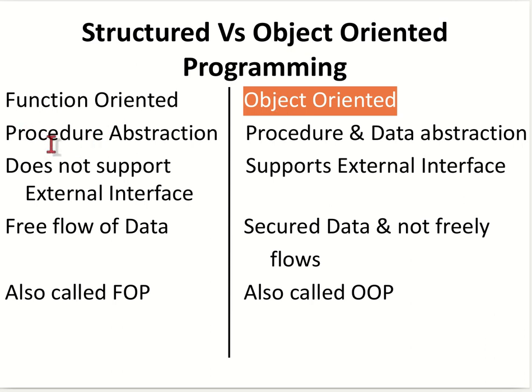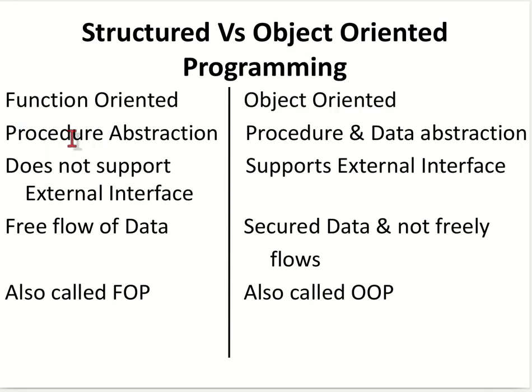Structured programming produces procedure abstraction, meaning the procedures or functions provide the same interface to the called procedure. Here, in object oriented programming, we have procedure as well as data abstraction. Data will also be available only through some interfaces. Structured programming does not support an external interface, whereas object oriented programming does. That means if we create a program, it can be reused.